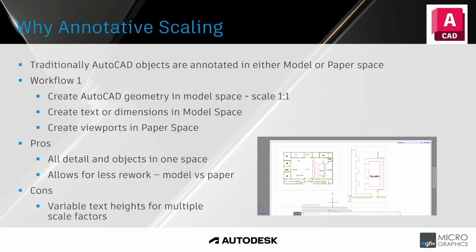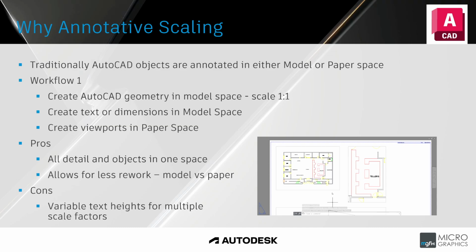So until then, everything was done in model space, and a lot of companies created their own workflows, sort of made AutoCAD work for them. Even back from those days, we're talking 20, 25 years ago, those workflows still persist in certain companies. And even though Autodesk did bring on new technologies or new ways to work with the software, people still use the workflow that they've got.